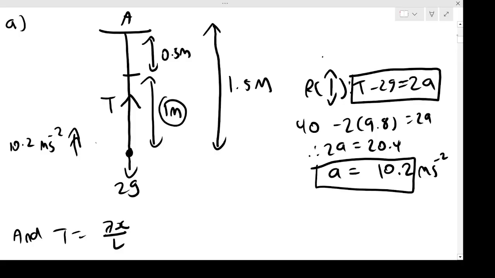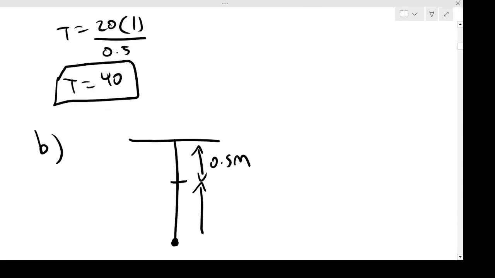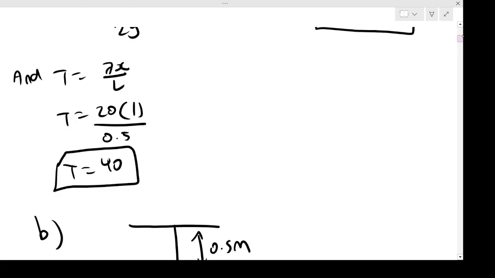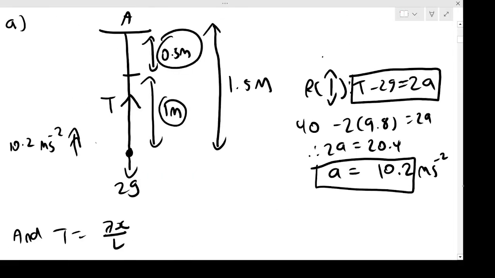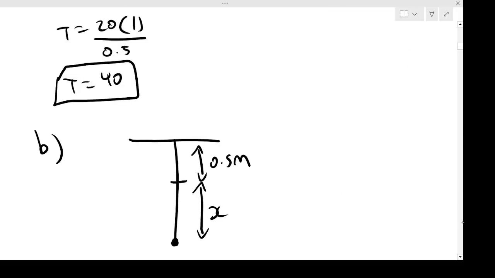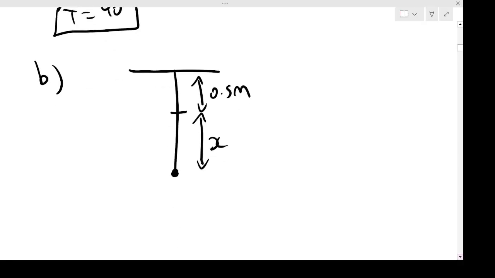But the particle is going to be further up the string compared to the start. So the extension is going to be different. Yes, the natural length's the same, because that's sort of like the original length, right? But the extension is going to be different because the particle's at a different point on the string. Hopefully that makes sense.